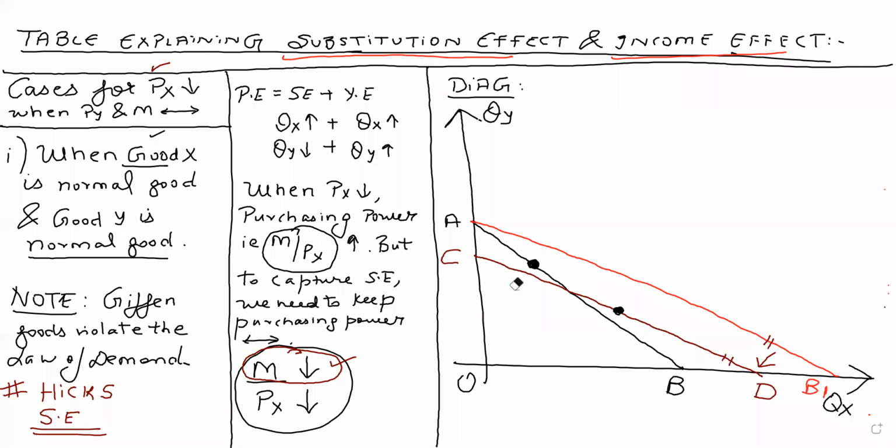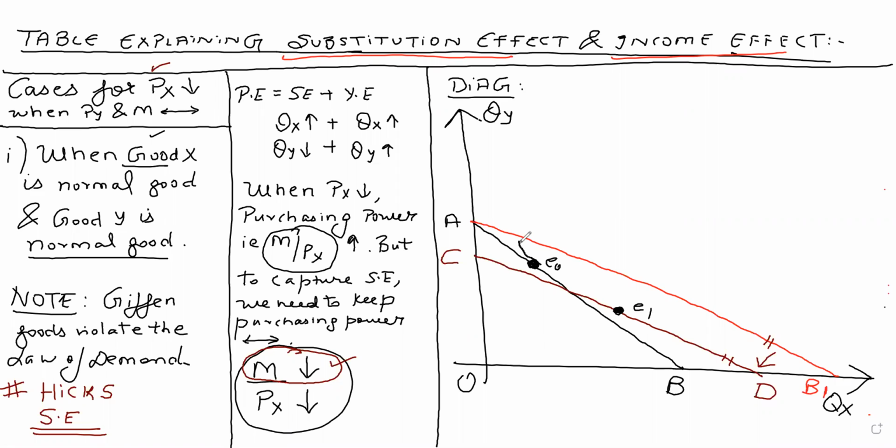So that means, guys, both these points should be connected by one indifference curve. Because I repeat, Hicks said that take away that much income from the consumer so that he is on the same indifference curve. That means this point, which is E0, and this point on the budget line CD, which is E1, both should lie on the same indifference curve.